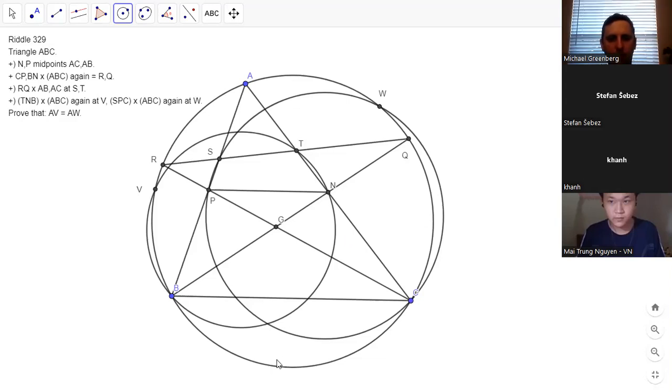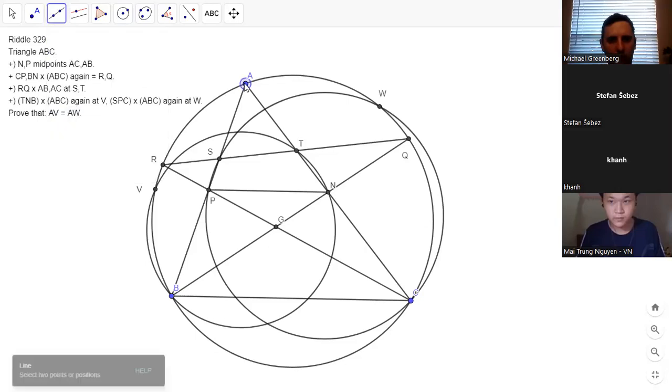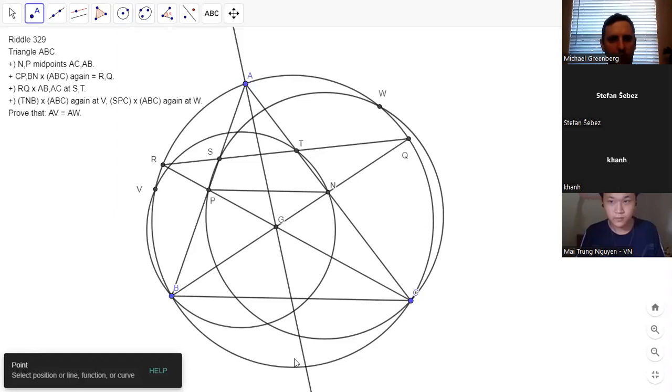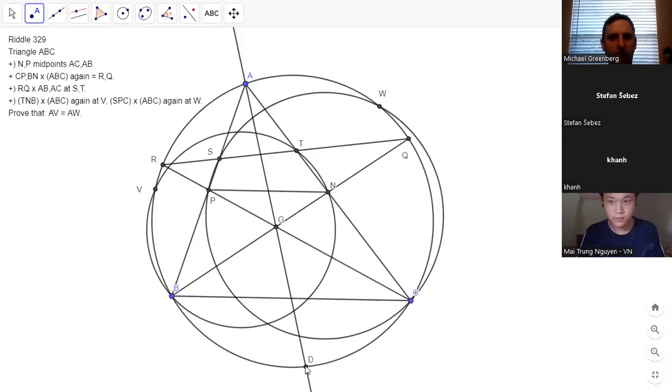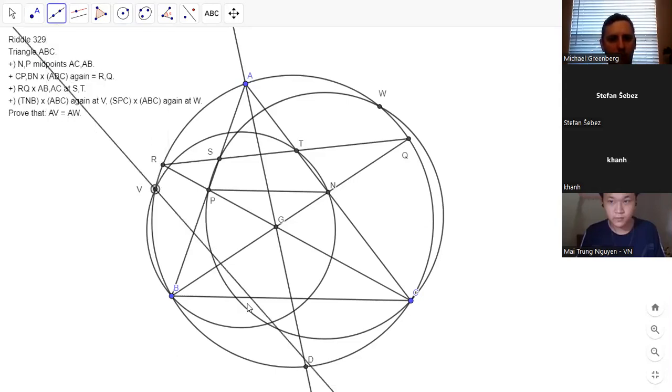Maybe the midpoint of arc BC. Or what if I did this and then we want to show ADV is ADW. Yeah, somehow we want to get like an angle, oh, no, I think that's a coincidence.